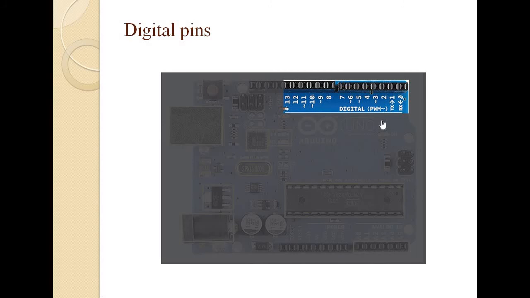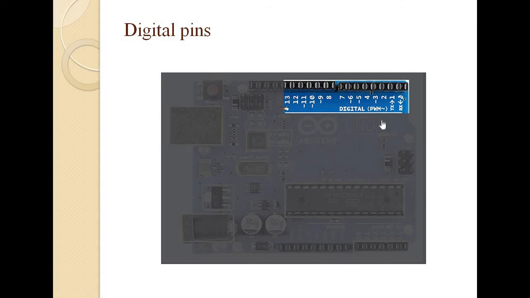When used as input pins, they read the signal from the component connected to them. When digital pins are used as output pins, they supply 40 milliamperes of current at 5 volts. It is more than enough to light an LED.